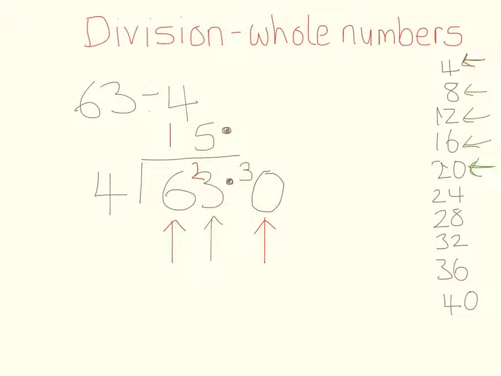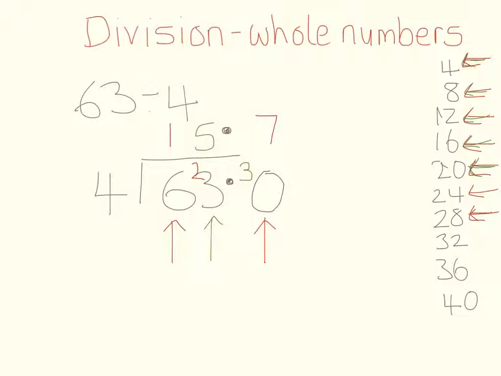How many groups of 4 can I make out of 30? Well, I can definitely get rid of 28, and that would be 1, 2, 3, 4, 5, 6, 7. I can make 7 groups, so I'm going to put 7 at the top there.